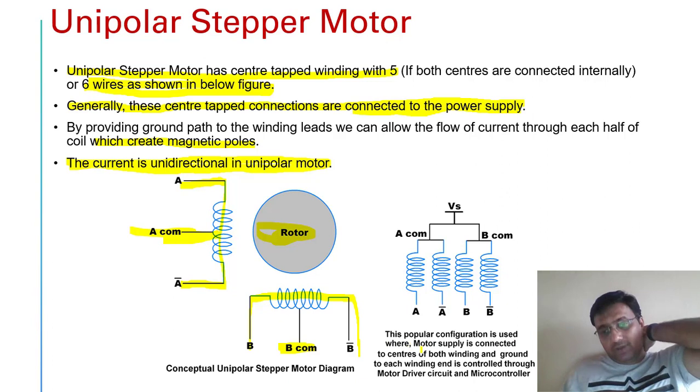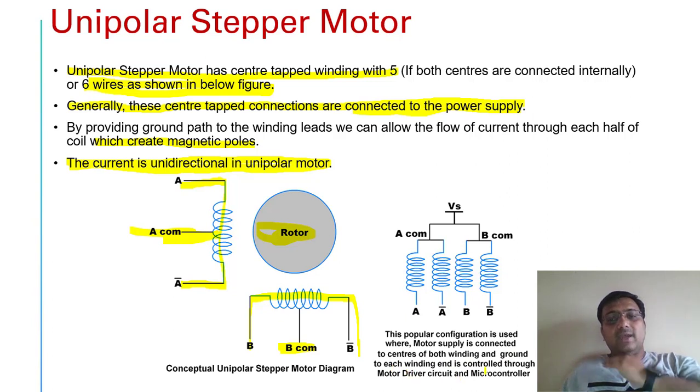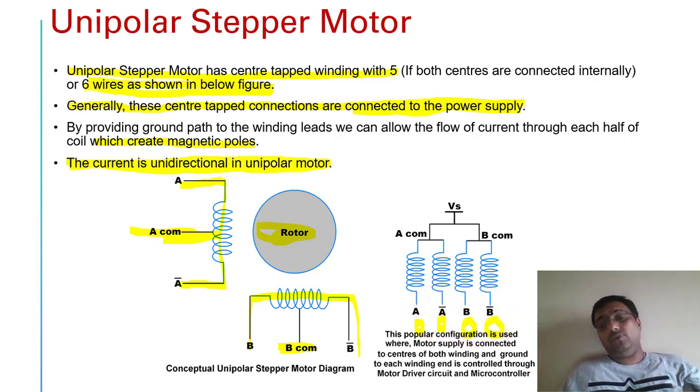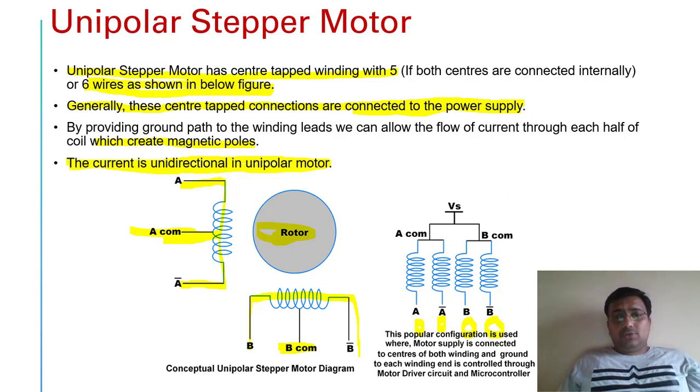This popular configuration is used where the motor supply is connected to the center of both the windings, and a ground to each winding's end is controlled through the motor driver circuit of the microcontroller. So we are going to control A, A bar, B, B bar. These are the bits, so here we need to pass either 0 0 0 0 or 1 1 1 1 depending on the direction we need to turn the rotor. Okay, so this is about the unipolar stepper motor.